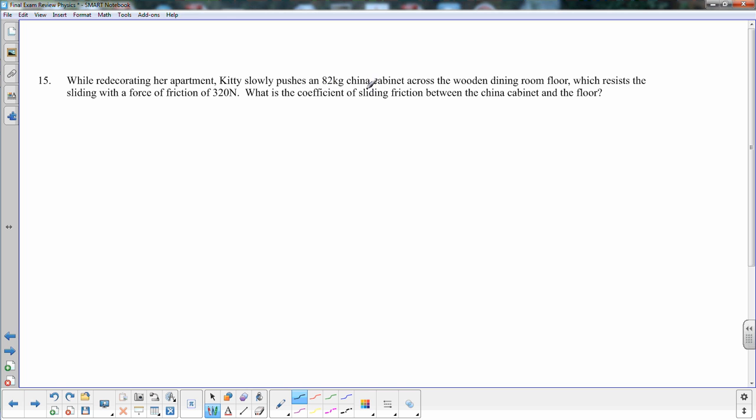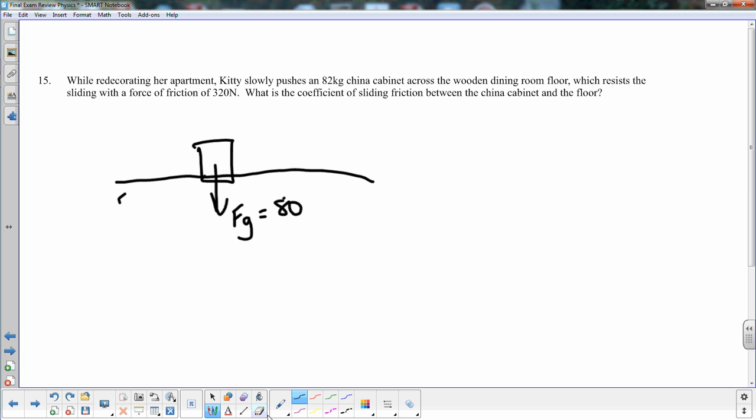It has a mass of 82 kilograms, which means it has an Fg of 820. And if we know the gravitational force is 820, we know the normal force is going to also be 820, unless it's going through the floor. You could say it's negative, but that's kind of not what the question's asking.